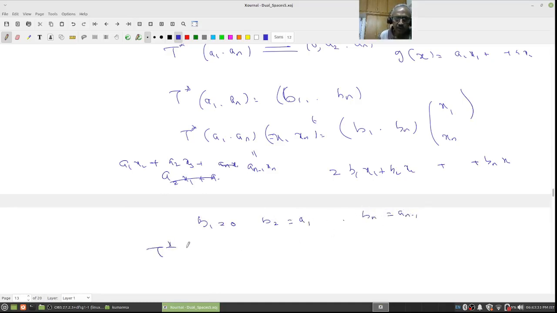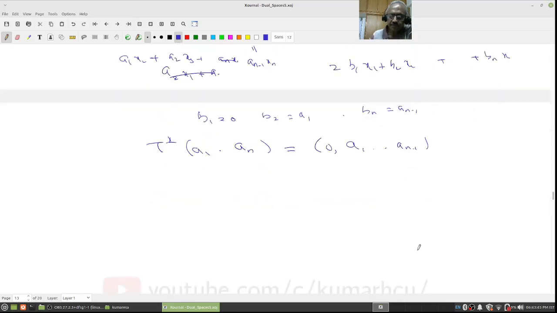Therefore T star of a1 to an becomes 0, a1, a2, an minus 1. Whereas T of x1, x2, xn was x2, xn, 0. So you can see, I am shifting to the right.